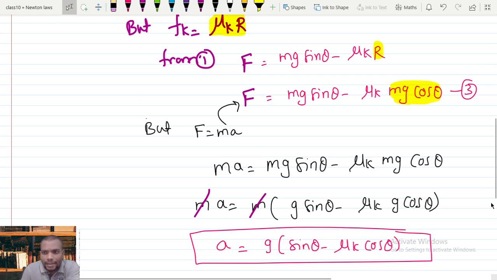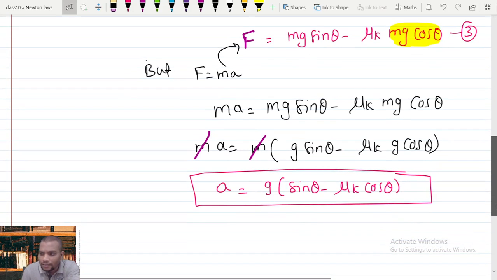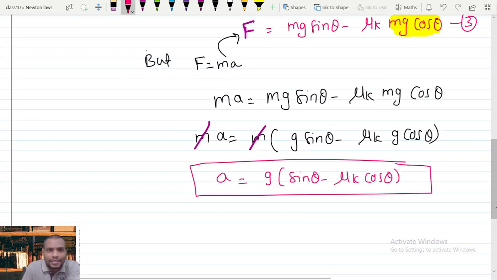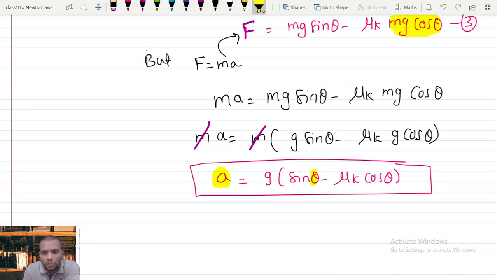So we got an interesting expression. The acceleration of a sliding object depends purely on theta and mu k. Of course g is a constant.